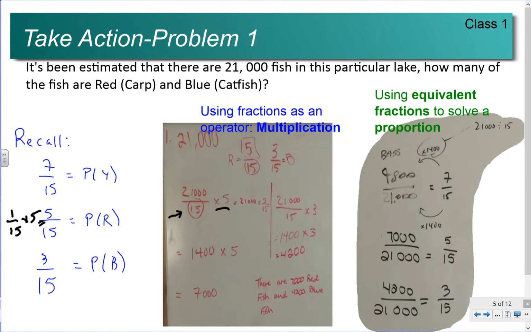So if you follow through here with the calculation, that's 1400 by 5, which gives you 7,000 red fish, or otherwise carp. Similarly, they did the same thing. Again, you can see how they took a 15th of 21,000, so 1/15, and then they tripled that, and that gave them 3/15, or 4,200 fish.